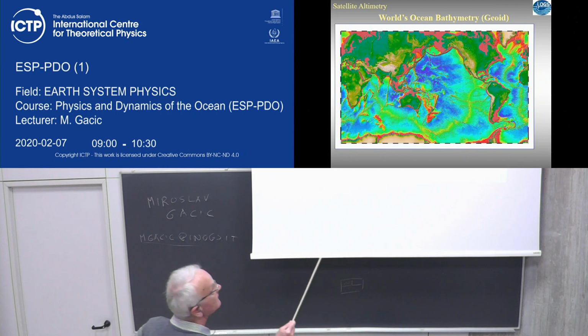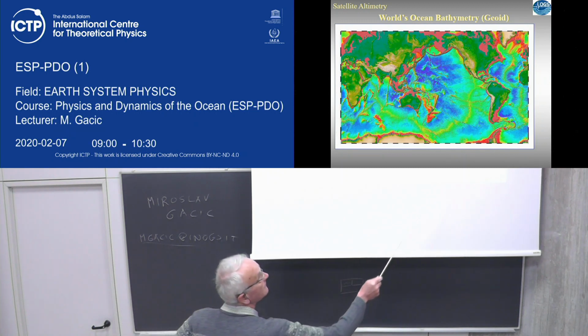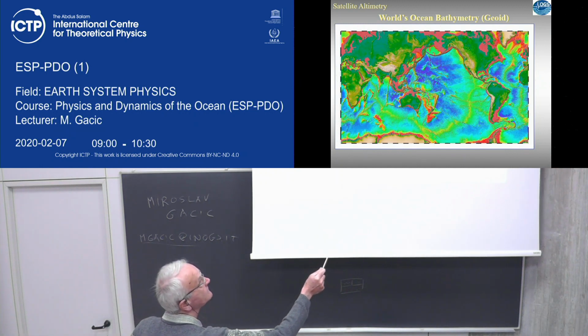You can see this mountain chain is really present all over the world ocean. So this scheme realistically describes what is happening in the world ocean. You also have a number of seamounts.